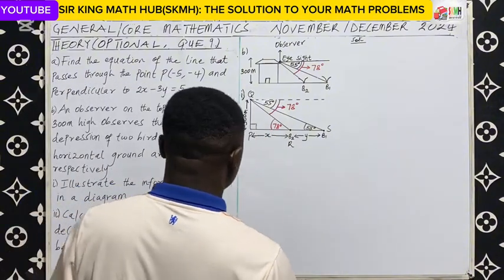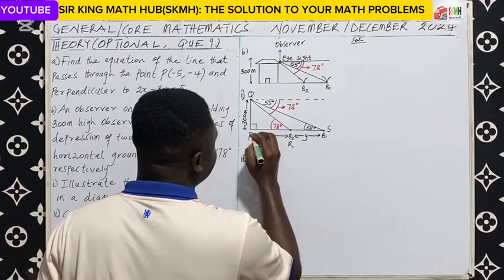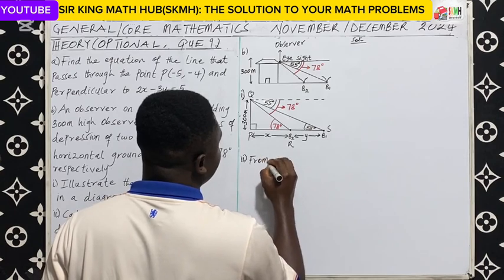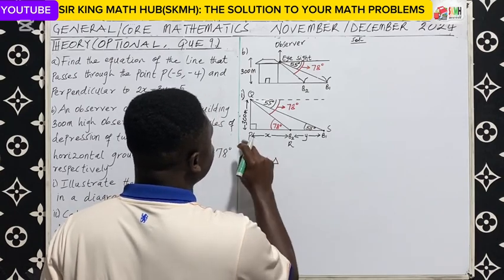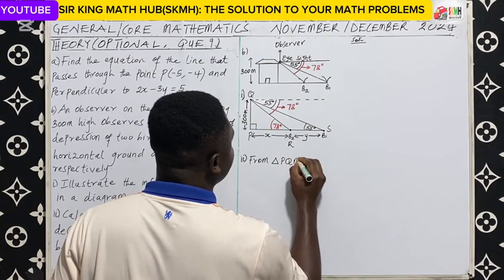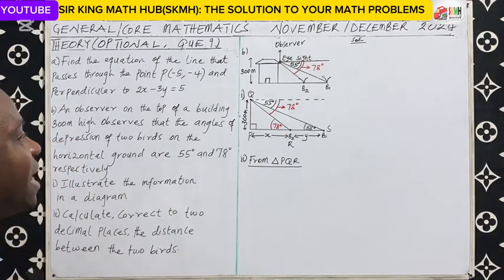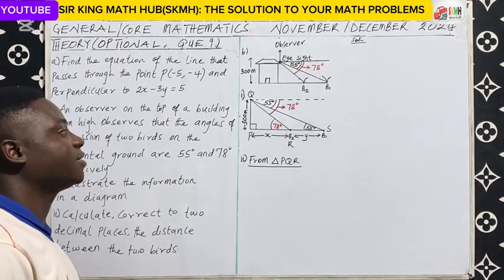So from the smaller right angle triangle, from triangle PQR, let's identify the sides of the right angle triangle.